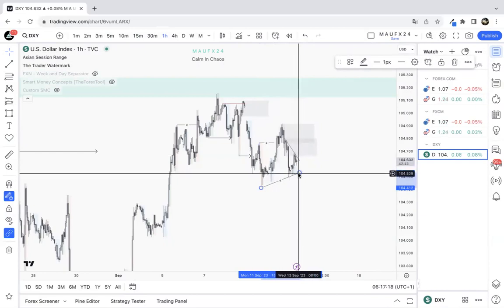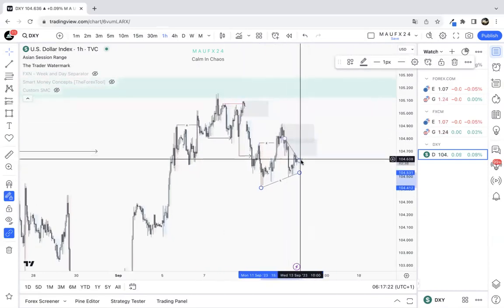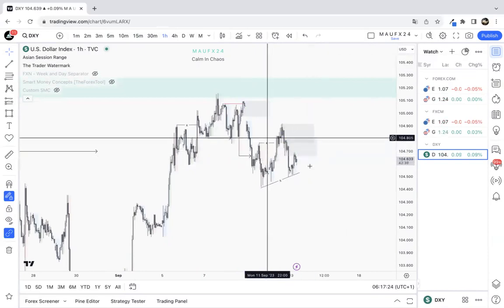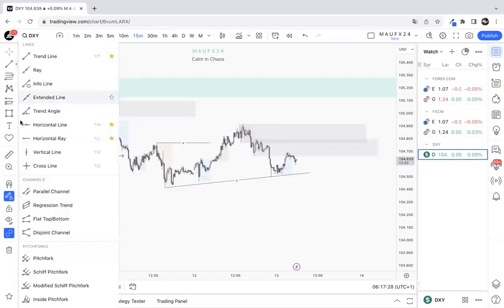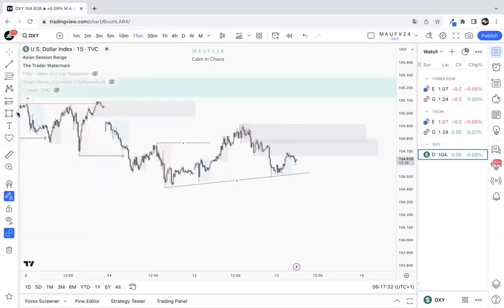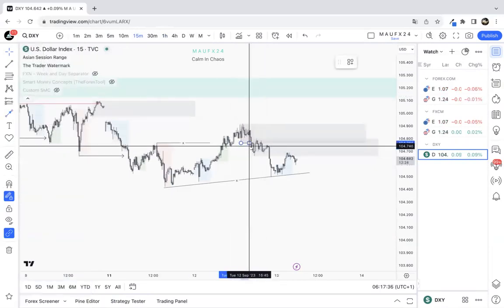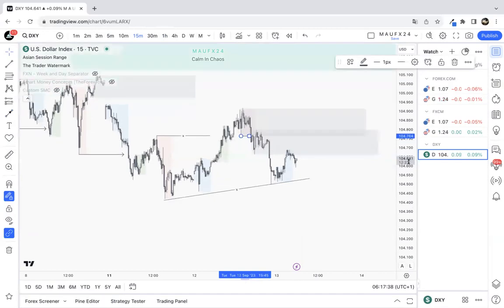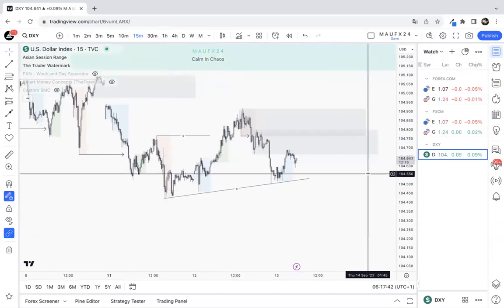Why tricky? Because we don't have any. Oh, we got a little realignment there. Over here, this was the last low. That could be your little realignment because we got that liquidity building up here.